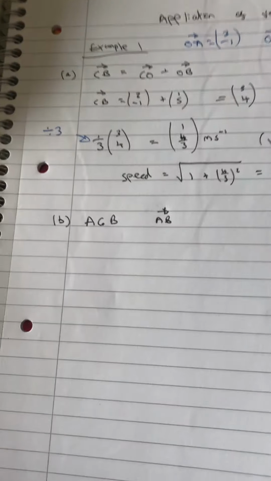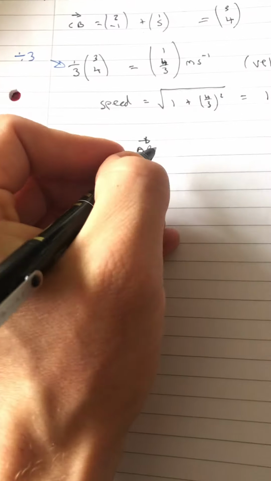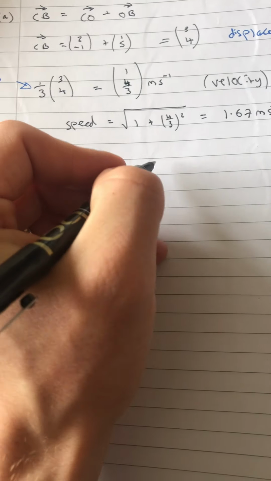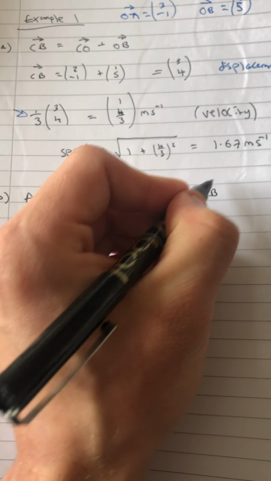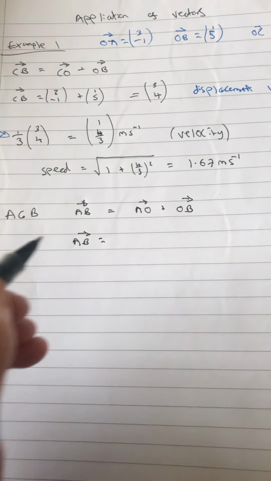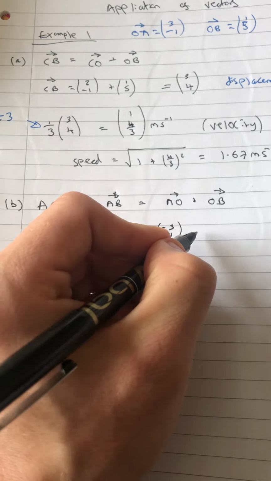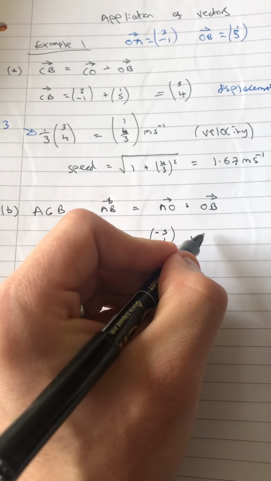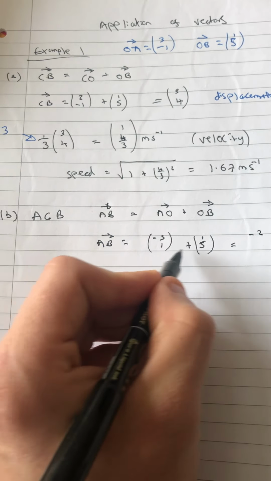Again, we only need the displacement, we don't need the distance, so we don't need the A to C, C to B at this point. Okay, so A to B is going to be AO plus OB. So A to B is going to be negative 3, 1 plus 1, 5. That's going to be negative 2 and 6.